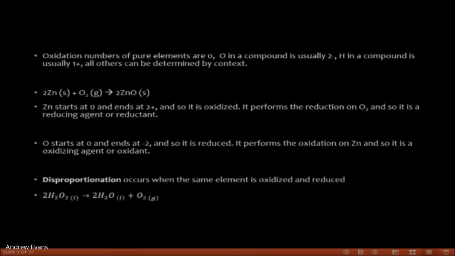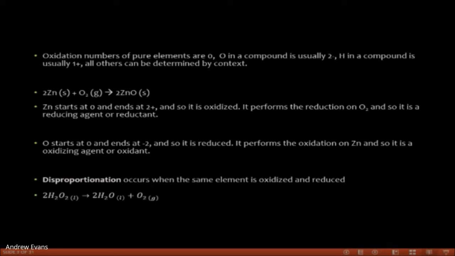Oxygen is being reduced. Now, here's part of the trickiness, the verbiage: you still need to be able to understand some basic English to get this. Because zinc is oxidized, and oxidation and reduction always come in a pair, zinc must be reducing oxygen.